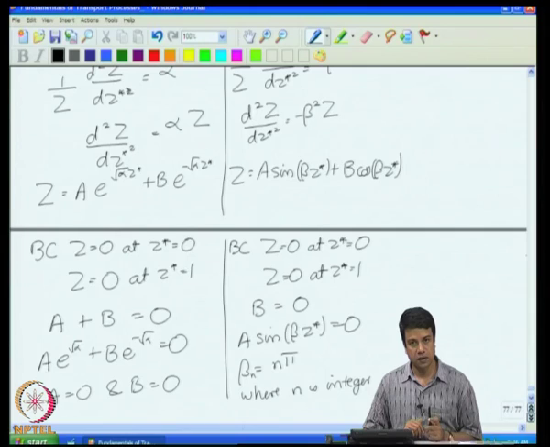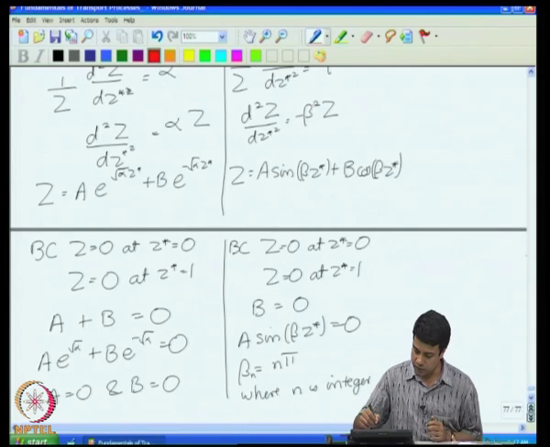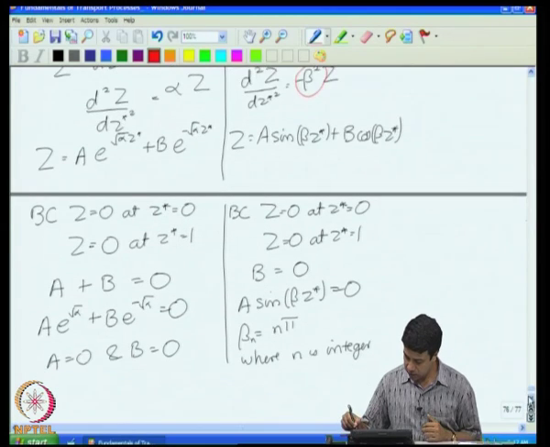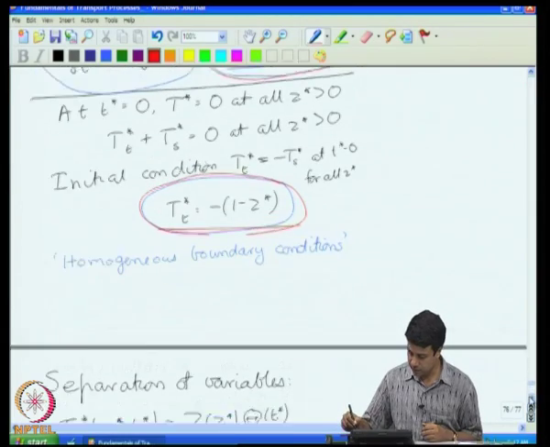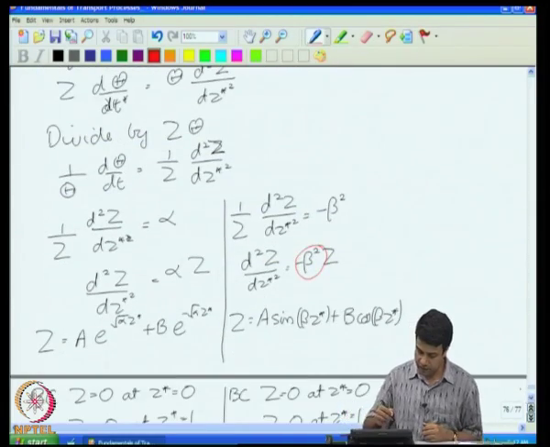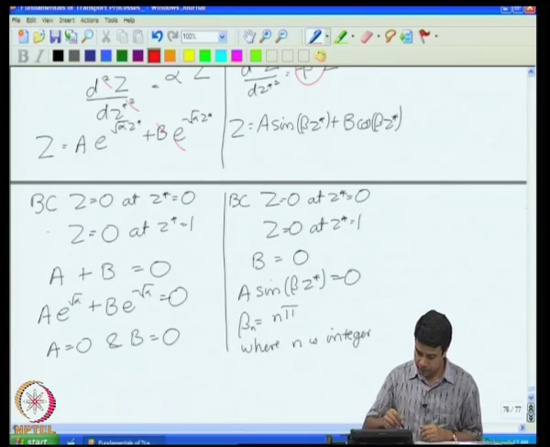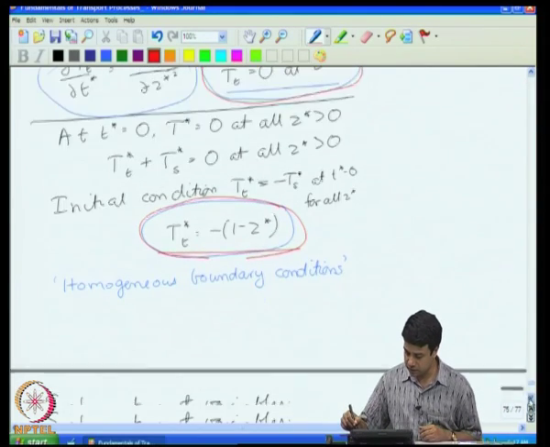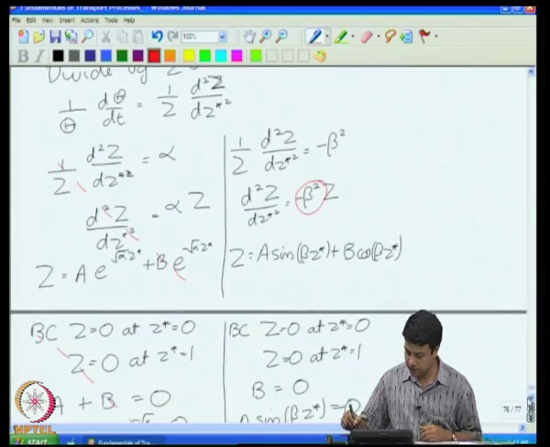So, I do get non-trivial values for the solution of this equation, but I have to choose the value of beta to be specific values. Therefore, this first guess that we had of a positive value did not give any non-trivial solutions. However, when I chose a negative value, I managed to get a non-trivial solution, but only for the case where this coefficient beta has a specific value.